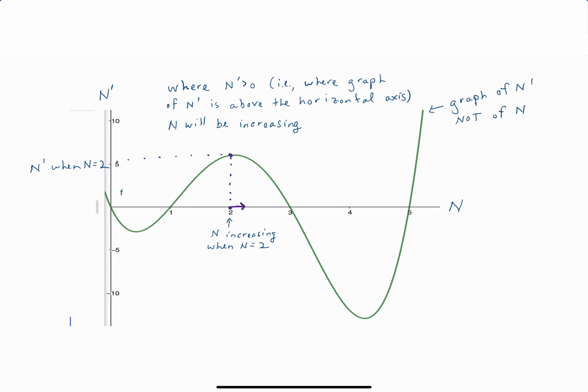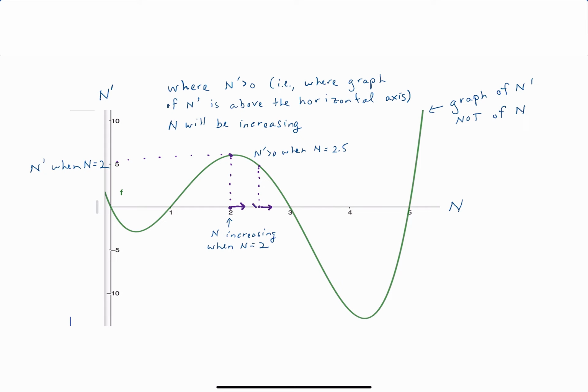So now we're somewhere over here, say at 2.5. What's the population N going to be doing then? Well, again, we look at the graph of N prime to see that N prime is positive when N equals 2.5. So the population is still increasing.